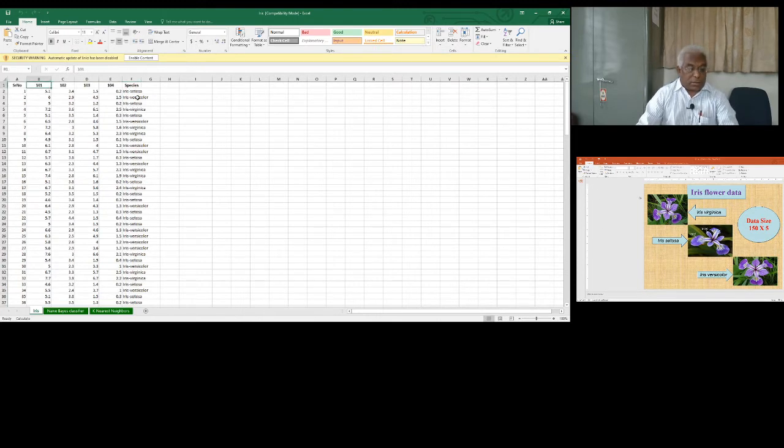In fact, this is sepal length. This is sepal width. This is petal length. And this is petal width.